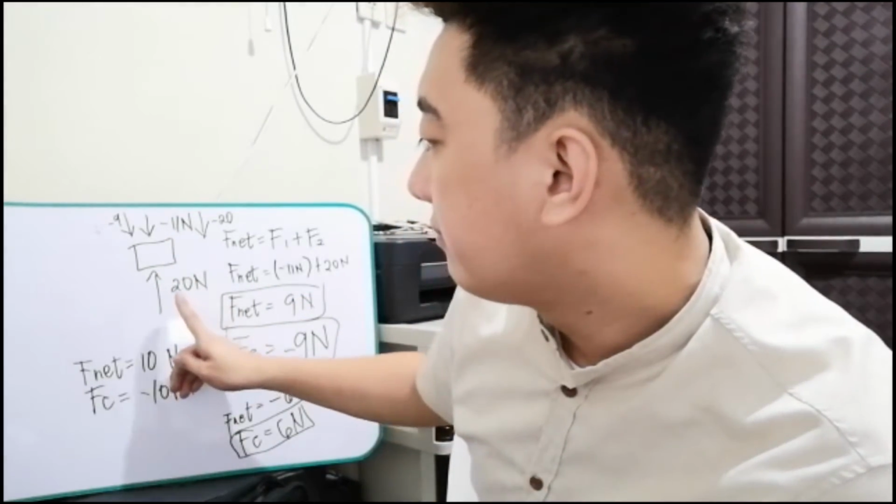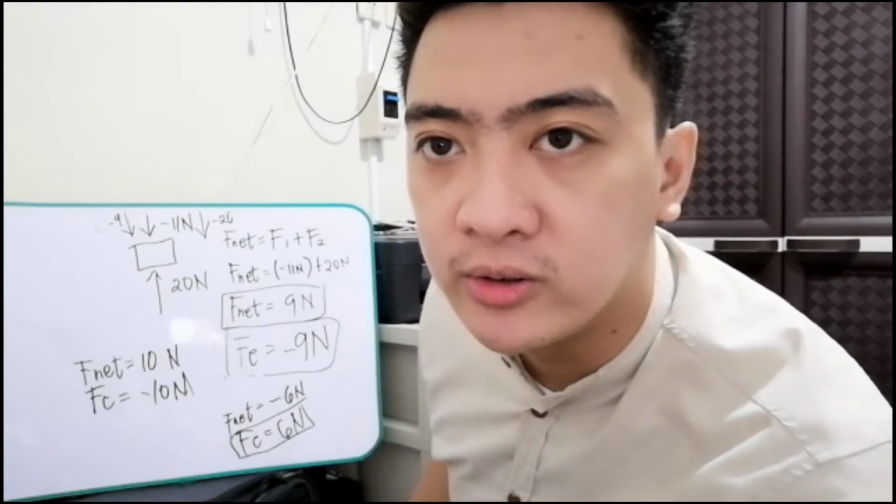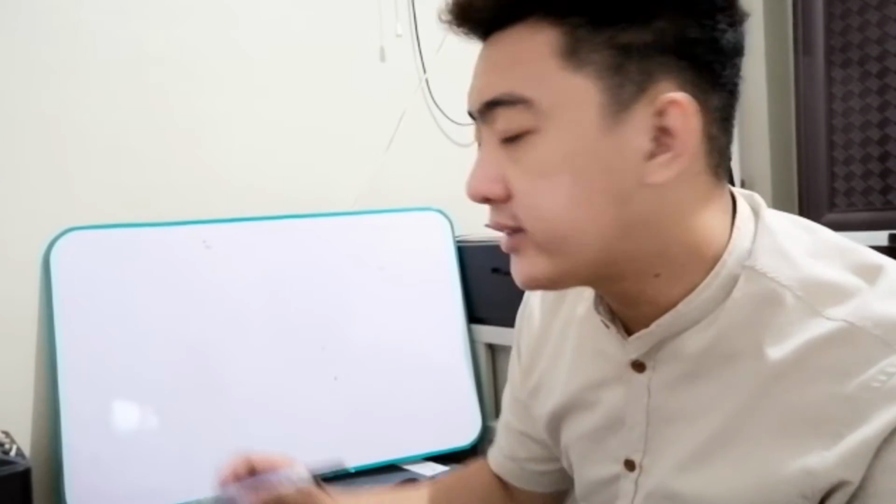Kasi nga, same magnitude or equal in magnitude, opposite direction. So therefore, the object is said to be balanced. So let us consider this another example.